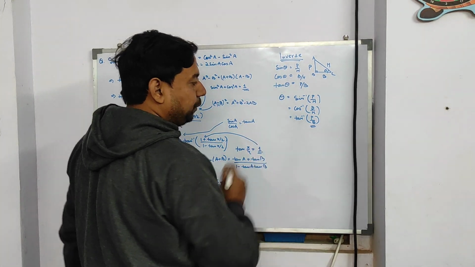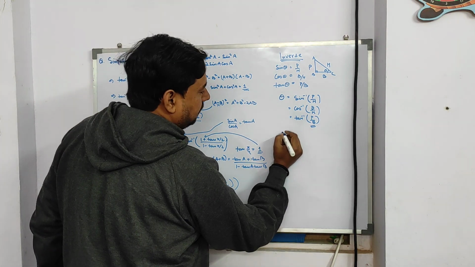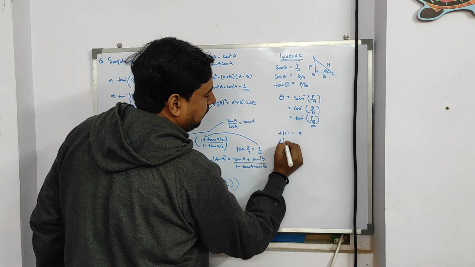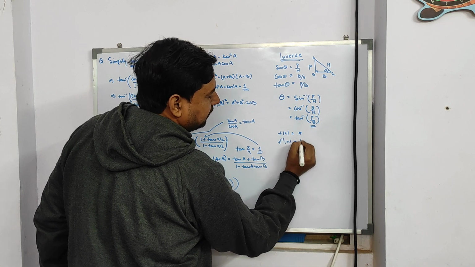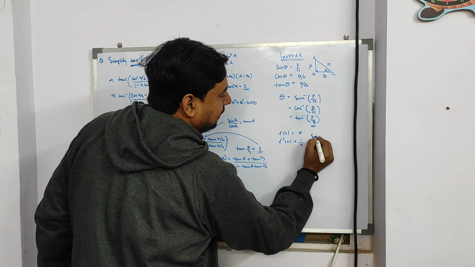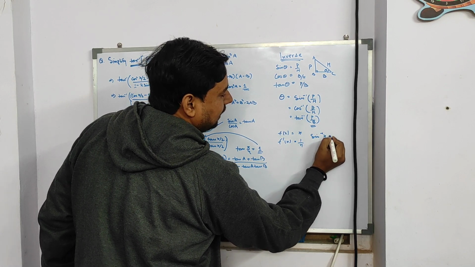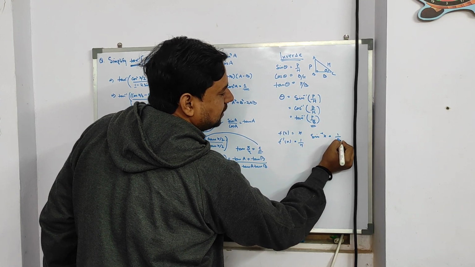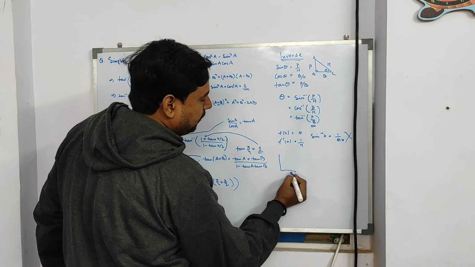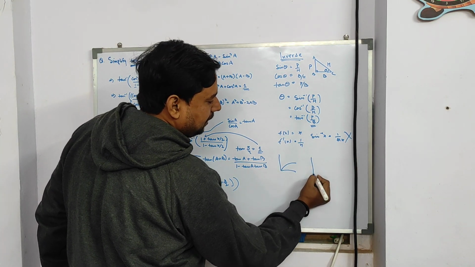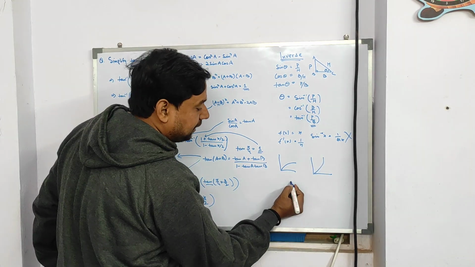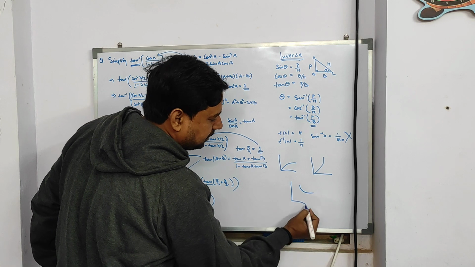So don't get confused in general that for a function, f of x is x, and the inverse of x is 1 upon x. But in the case of trigonometry, it's not. So sine inverse x is not 1 upon sine x. This is not correct. Okay. Because sine x is this, sine inverse x is this, and 1 by sine x is cosec x, which is this.